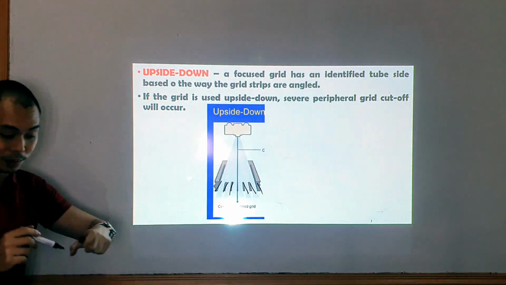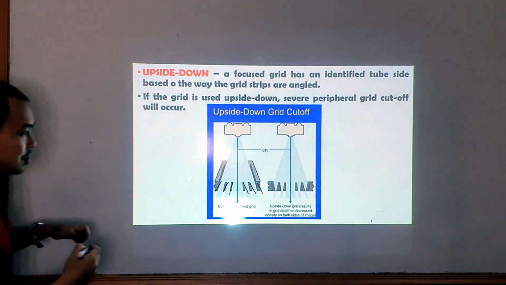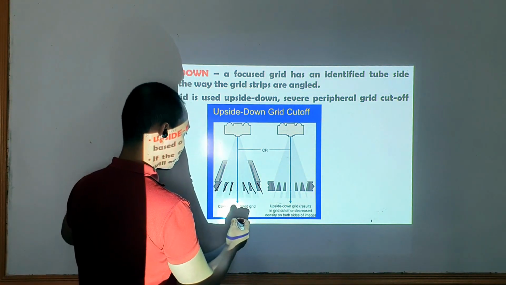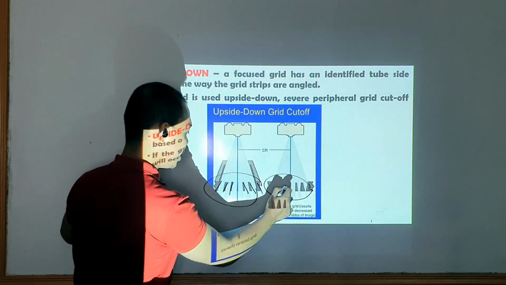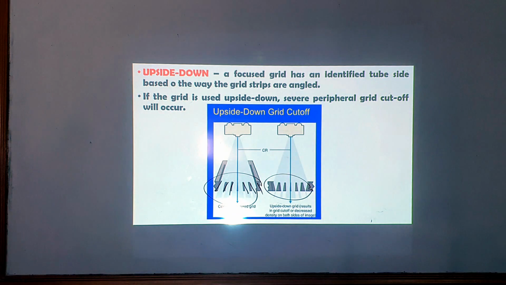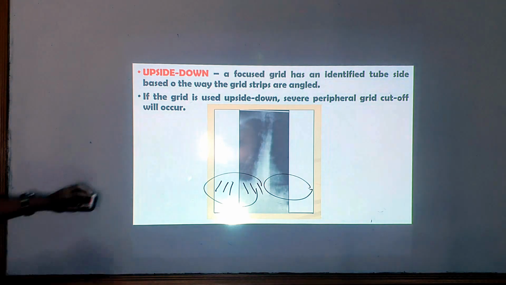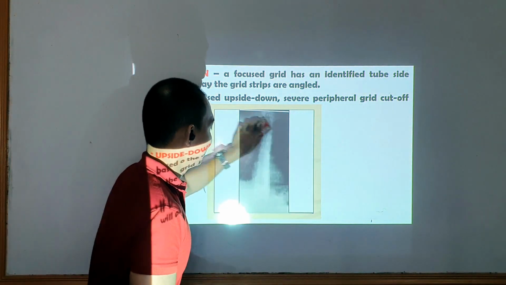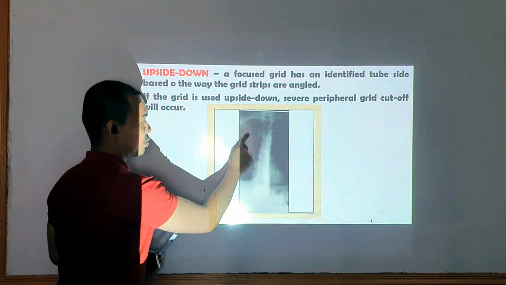So this one will be changed. It will now look like this. From this to this. And it will result to a severe peripheral cut off of your image. Try to look at this one.